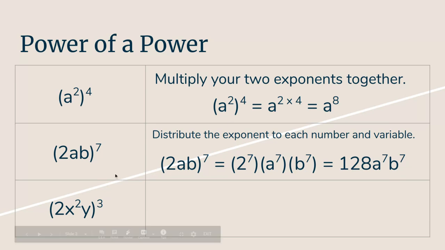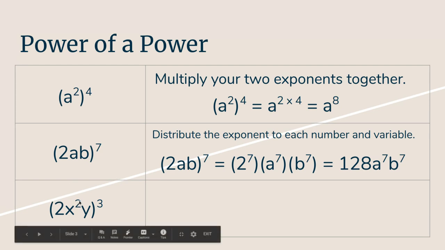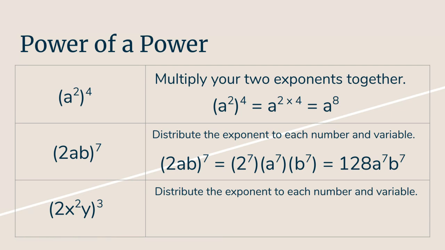Same thing in this example here. We have to distribute that 3 to my coefficient, to my variable, and to my y. Notice my x already has an exponent to it, so that means we have to multiply the 2 and 3 when I distribute. So we're going to distribute the exponents to each number and variable.